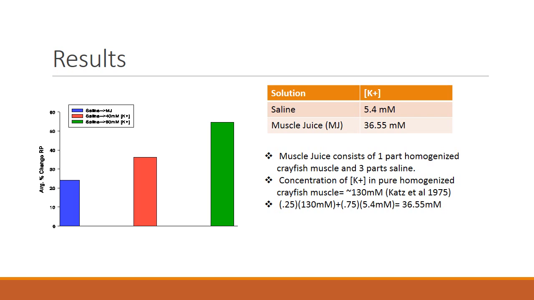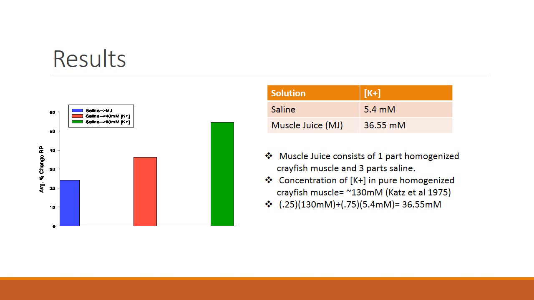It should be noted that the concentration of potassium in the pure homogenized crayfish muscle is approximately 130 millimolar, and this was found by Bernard Katz in his analysis way back in 1975. So upon dilution, the potassium concentration in the muscle juice used was calculated to be 36.55 millimolar.